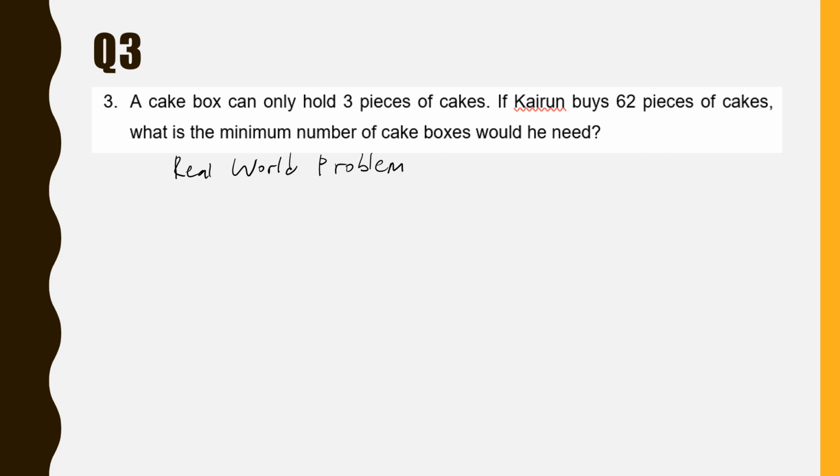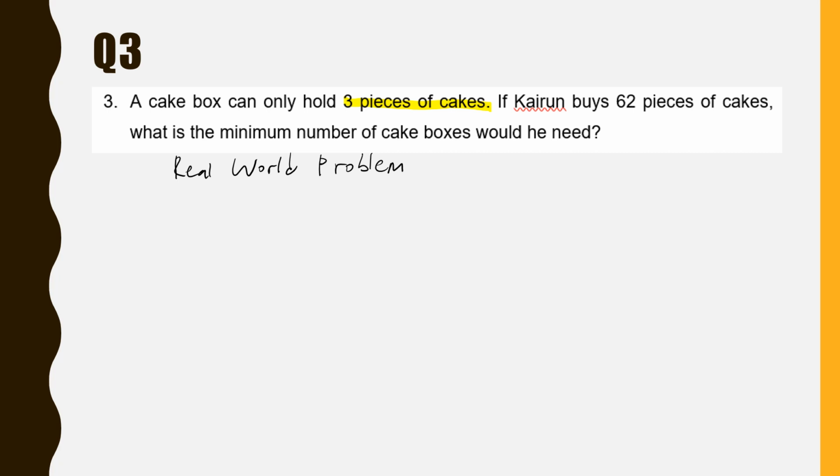A cake box can only hold 3 pieces of cakes. Now let's pause here for a while. If the box can only hold 3 pieces of cakes, this is a maximum concept. That means the box has a maximum space to hold 3 pieces of cakes. So can it hold 2 pieces of cakes? Yes. Can it hold 1 piece of cake? Of course.